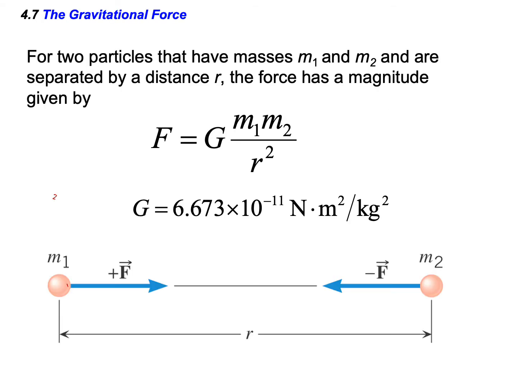Let's consider two masses, M1 and M2. Mass of particle 1 is M1, this is particle 1, and particle 2 is M2, and the distance between the two particles is R. And according to Newton's law, we know that if you have two particles or objects, one particle exerts a force on the other particle, by particle 1 on particle 2, and also there's another opposite force by particle 2 on particle 1.